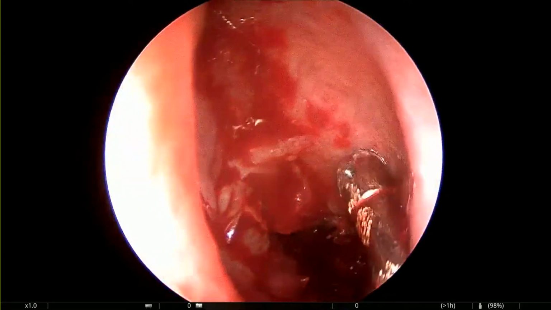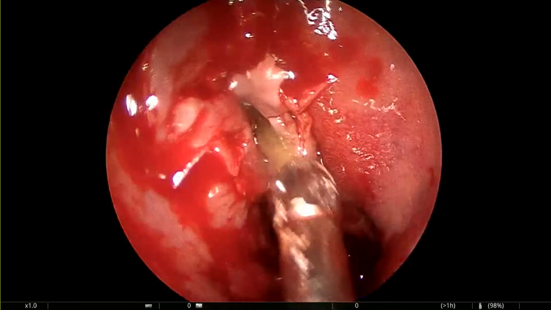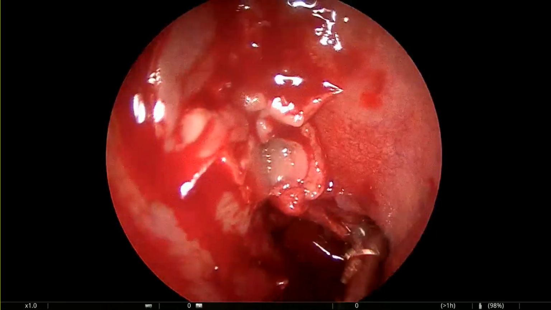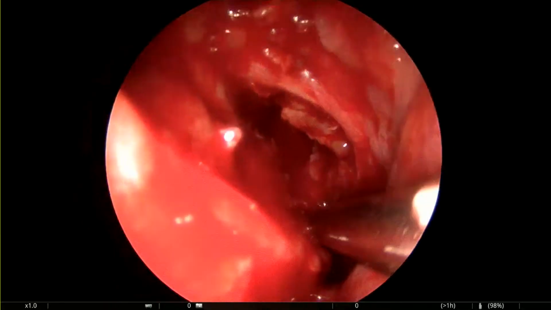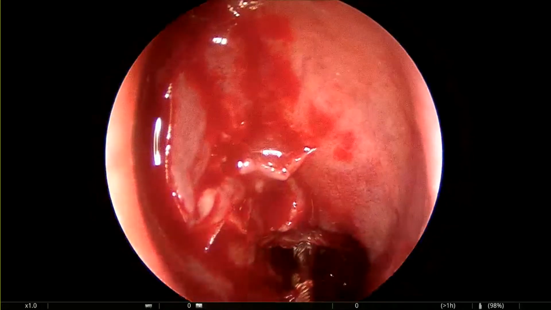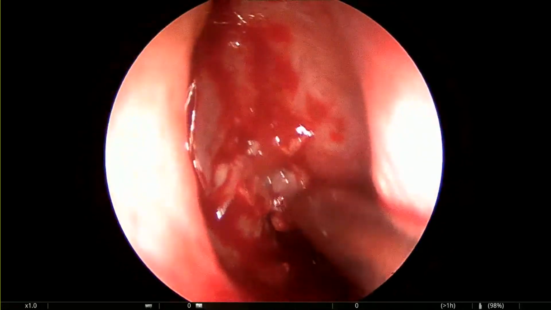okay. So don't forget that it remains, look, the posterior ethmoid, okay, which is filled by the secretion. So I'm going to open it. So 45 degrees.